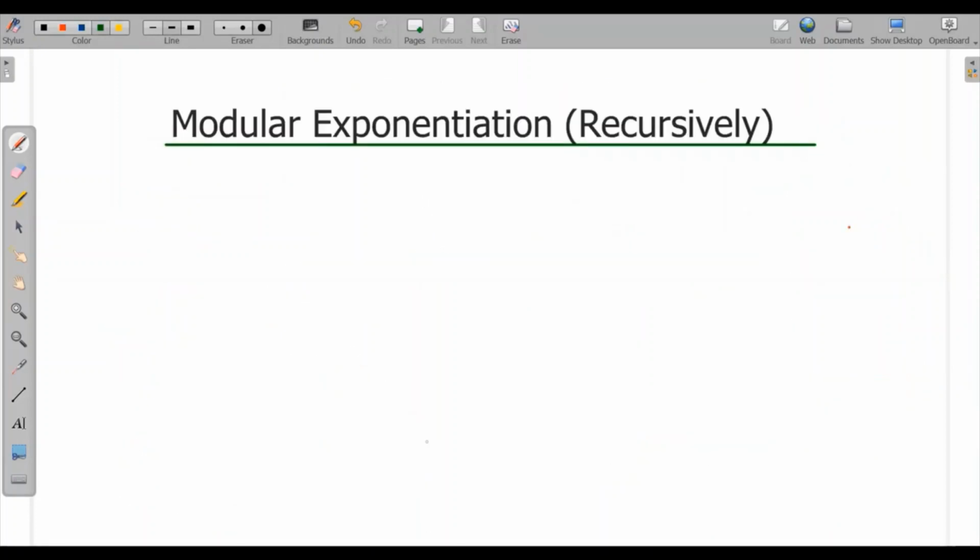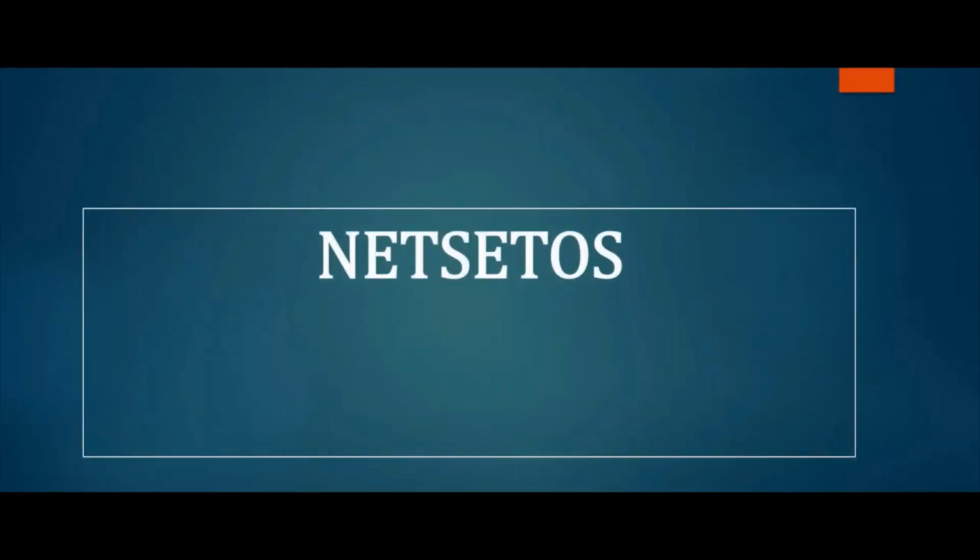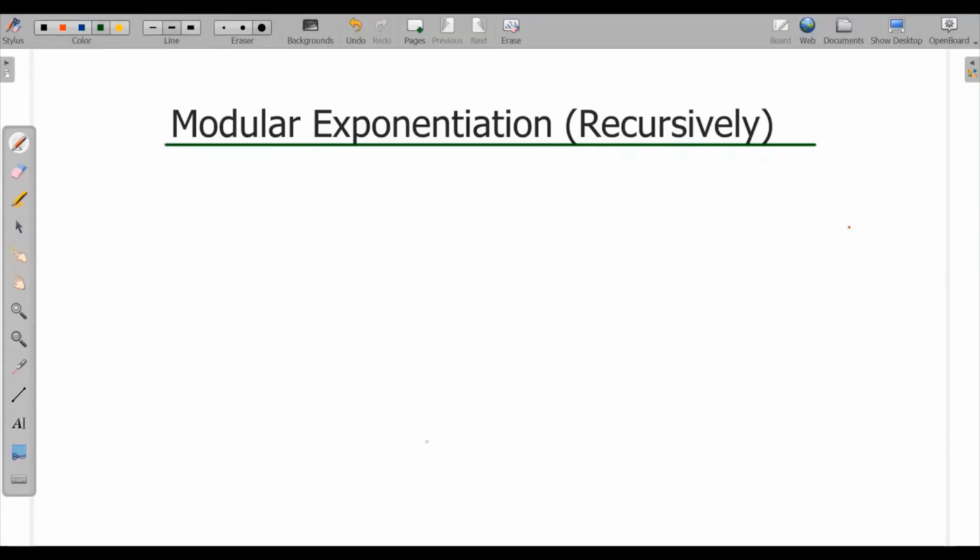In this video we will try to solve a very famous problem, that is modular exponentiation. In the previous video, we had seen an efficient smarter method to solve power exponent where we had two variables x and n.